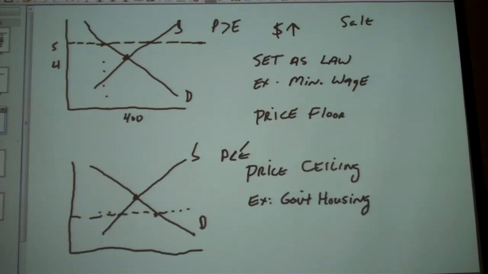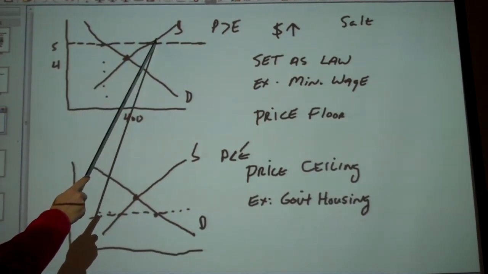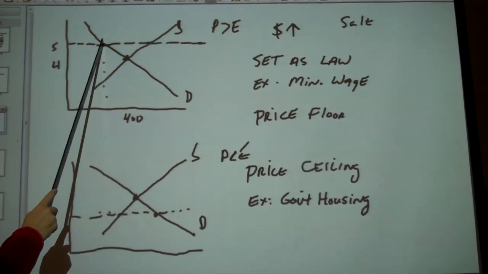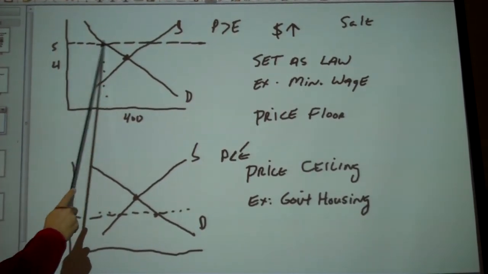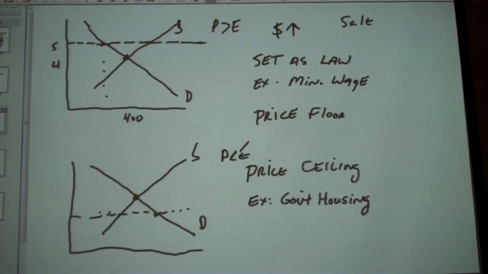There are some positives and negatives with setting price floors, but what you have here is a willingness to produce more, but a lower demand. So in this situation where price is greater than equilibrium, you have a surplus. You have more product than is demanded.